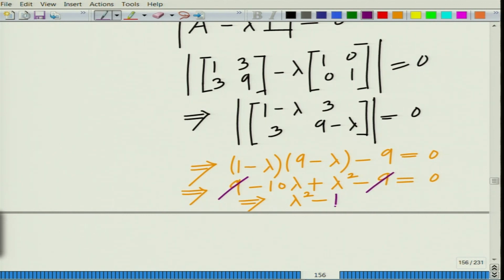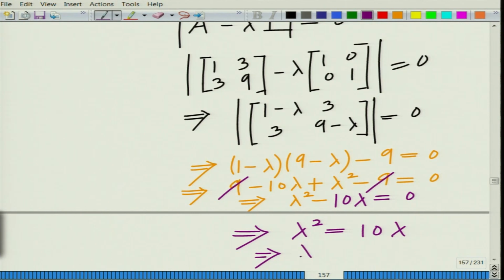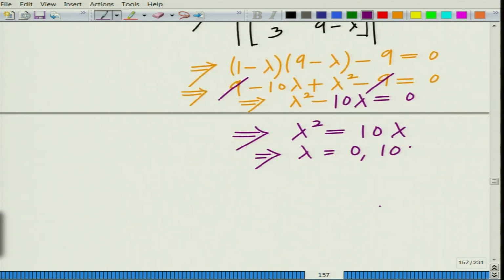So, you have lambda square minus 10 lambda equal to 0, which implies lambda equal to either 0 or 10. Now you can see one of the eigenvalues is 0. That is, eigenvalues are not greater than 0, but eigenvalues are greater than or equal to 0. Hence, this can only be a positive semi-definite matrix.